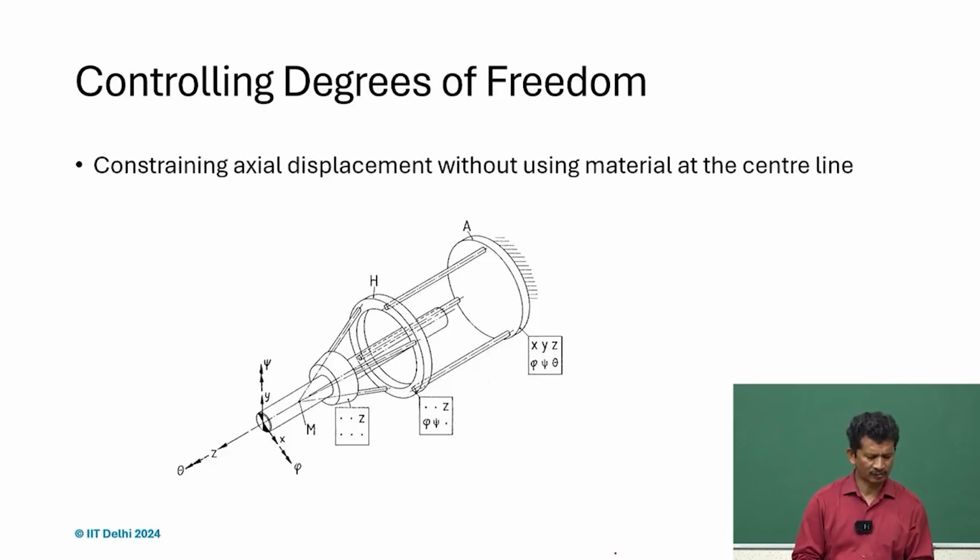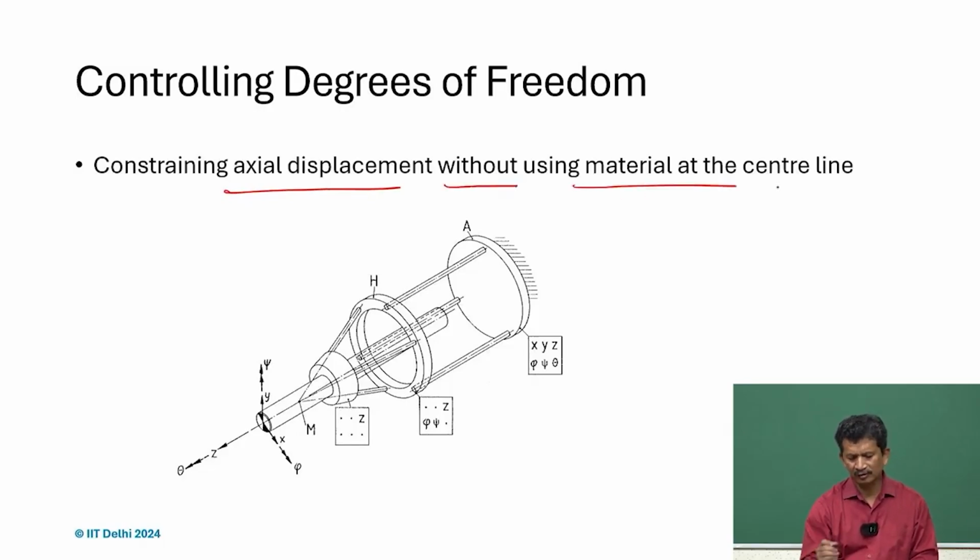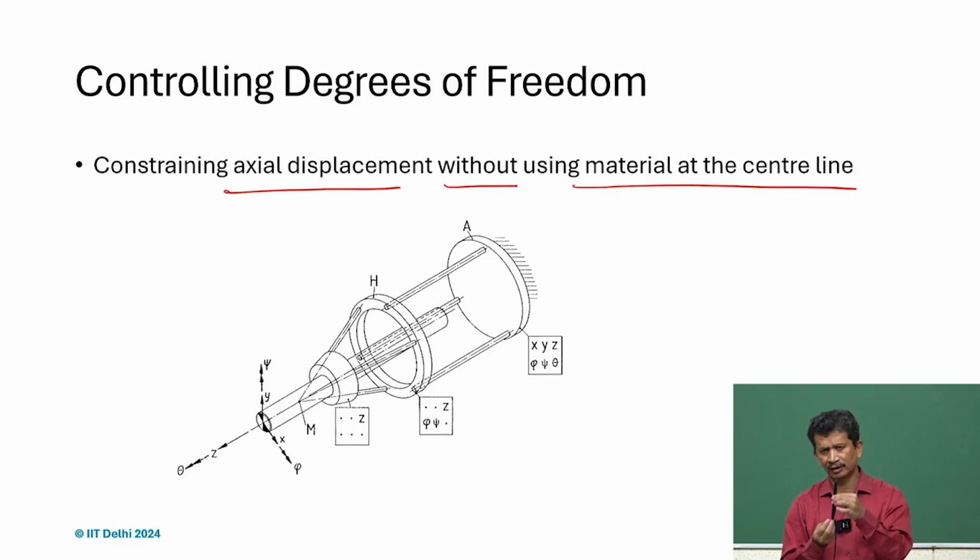So for instance, if we look at this example, it is about constraining axial displacement without using material at the center line. So you can always think of, suppose I have to constrain this one axially. One can always say I can provide something at the bottom and constrain along this line.